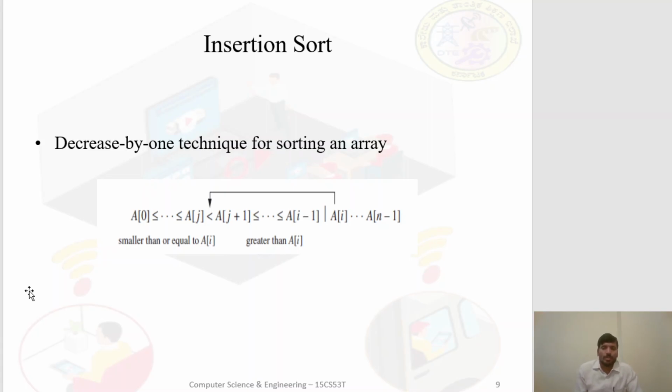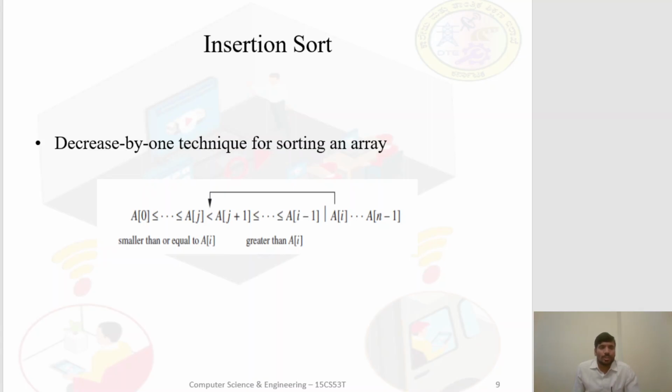So we make a marking point where the left side part is the sorted array, all the elements are less than or equal to that point A of i, and the right side elements are greater than or equal to A of i. The best example of this insertion sort is card play, where cards are picked and inserted according to their numbers or size.